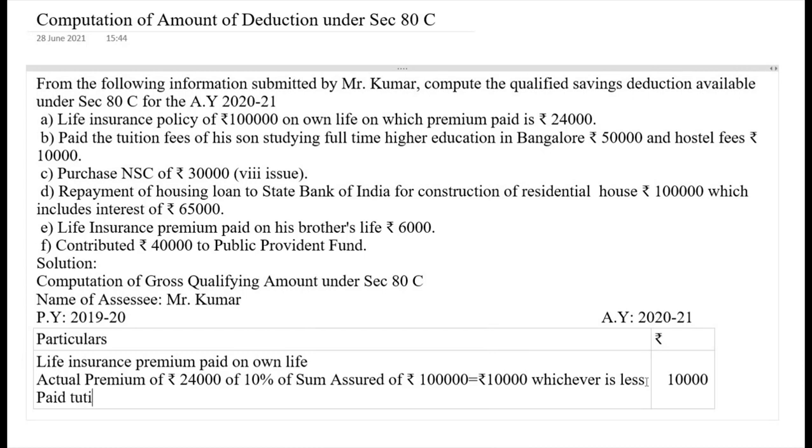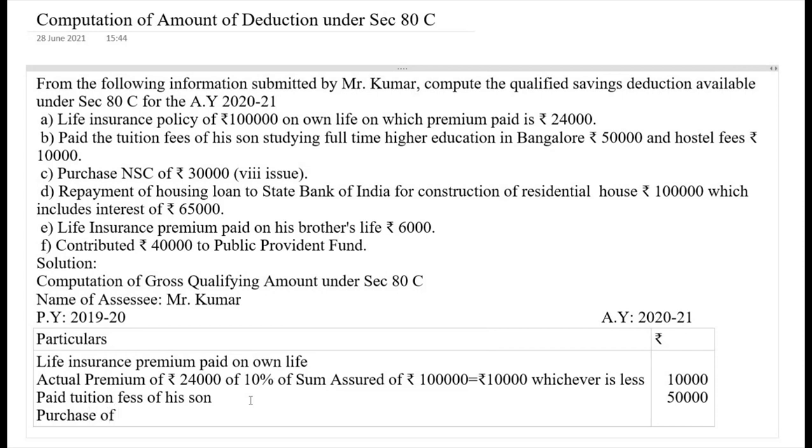Then the next one here, paid tuition fees of his son, so that is given as rupees 50,000. Then next, purchase of NSC 30,000. Then a repayment of housing loan to SBI.